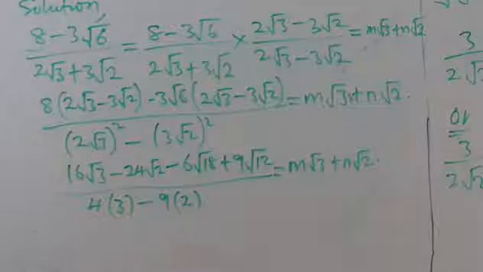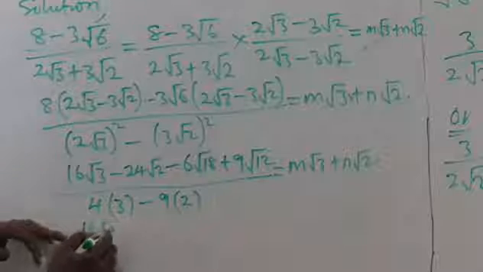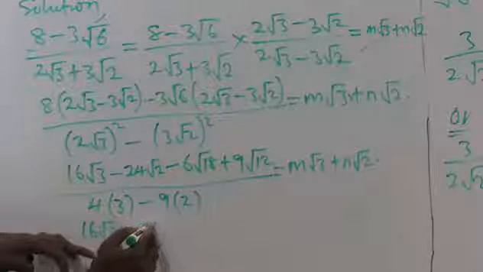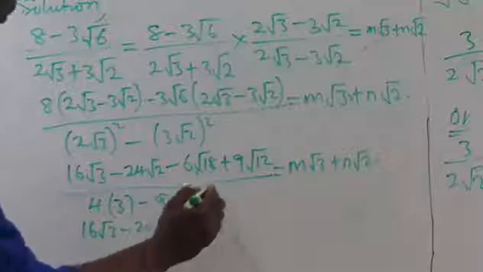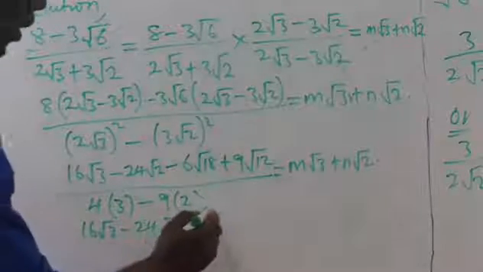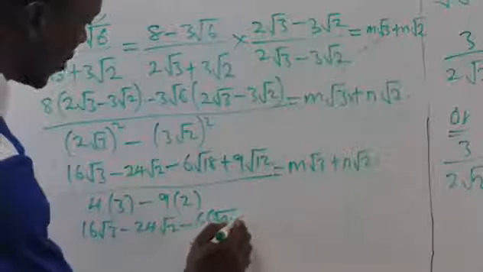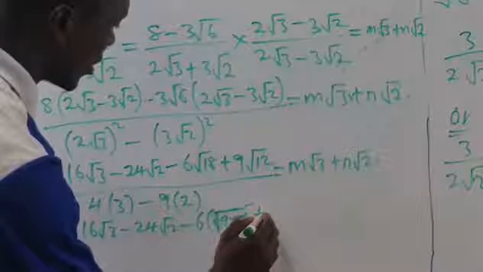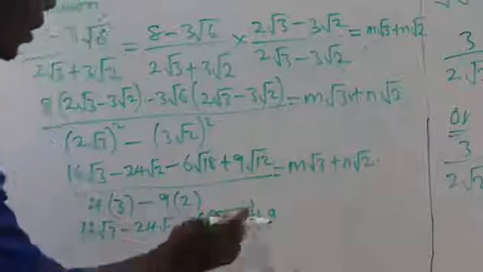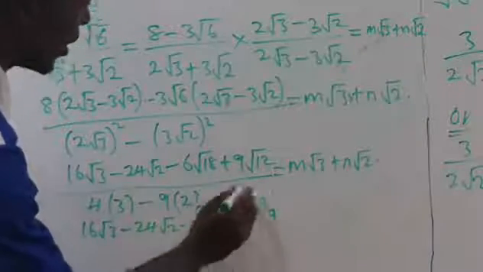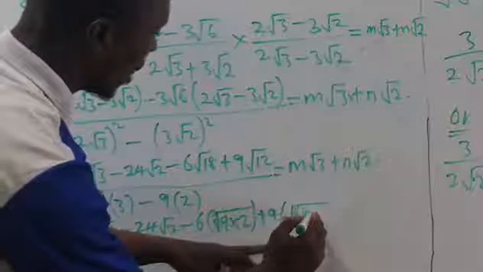So the next thing is to simplify further. So we have 16 root 3 minus 24 root 2, then minus 6, open bracket. In this 18 we have a perfect square, that is square root of 9 times 2, then plus 9, open bracket, square root of 4 times 3.